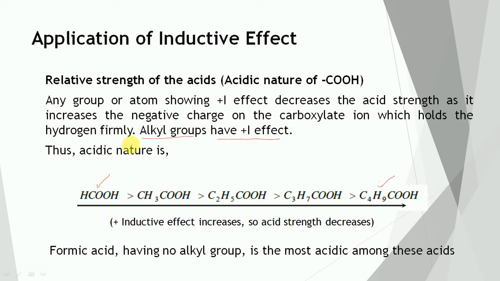The positive I effect is going to increase as we move from left to right, and ultimately the acidic strength is going to decrease. So formic acid, having no alkyl group, is the most acidic among these various acids.